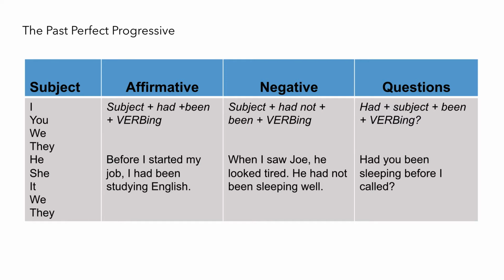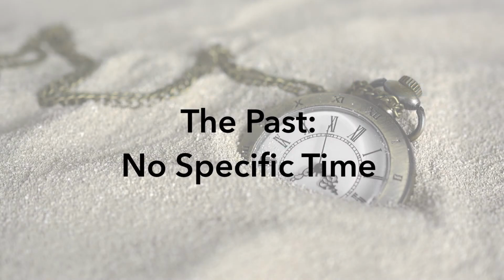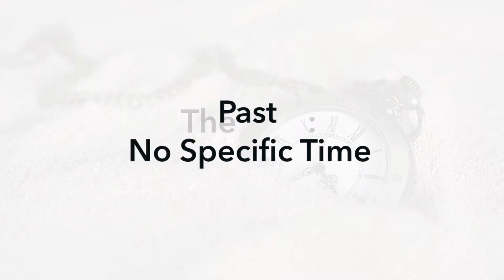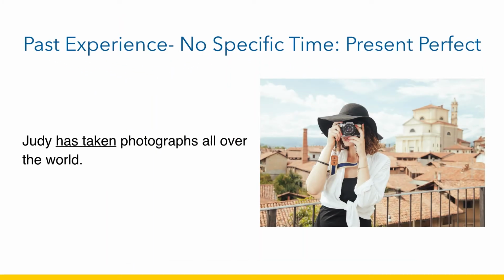Sometimes we want to talk about the past, but not mention a specific time. In this case, we can use the present perfect. We use the present perfect in a couple of different ways, but one way is to talk about a past experience without mentioning a specific time. For example, Judy has taken photographs all over the world. We don't know when, and it doesn't matter.